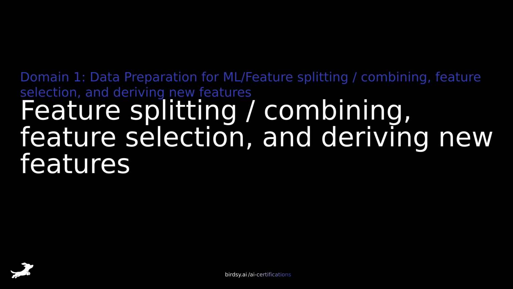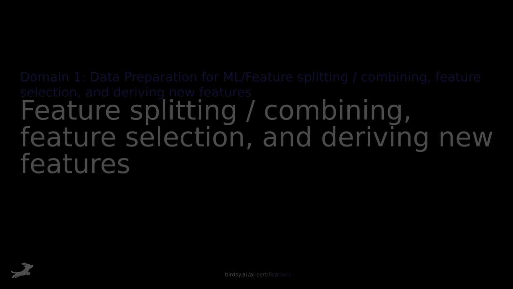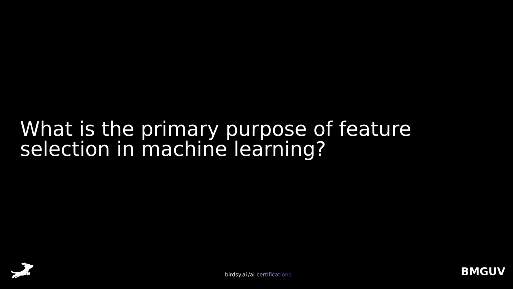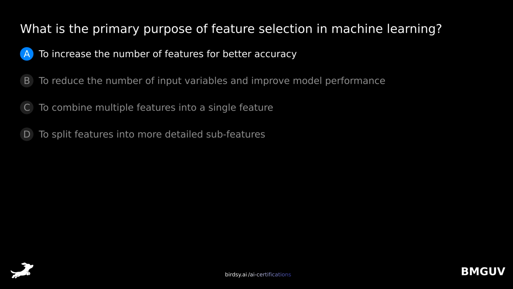Feature splitting, combining, feature selection, and deriving new features. What is the primary purpose of feature selection in machine learning? Is it A, to increase the number of features for better accuracy? B, to reduce the number of input variables and improve model performance? C, to combine multiple features into a single feature?